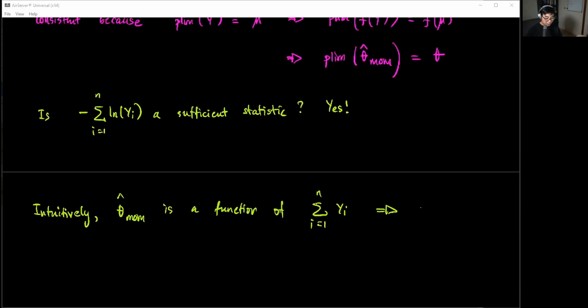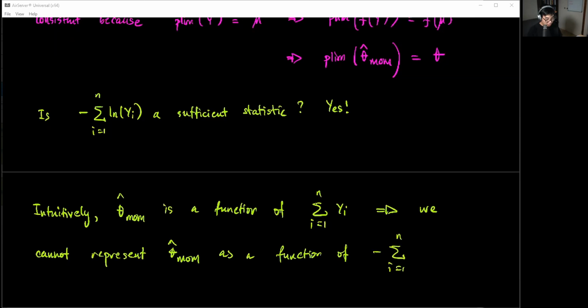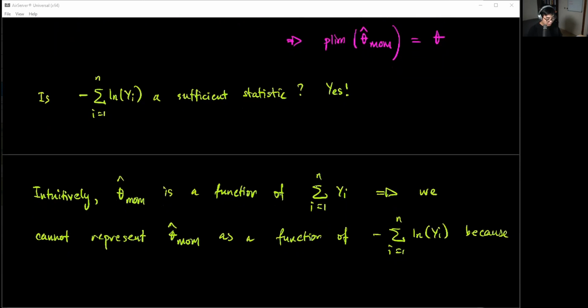So therefore, we cannot represent theta hat method of moments as a function of this guy right here, the log of yi, because there is no way to calculate or to represent the sum of yi from the sum of the log of yi.